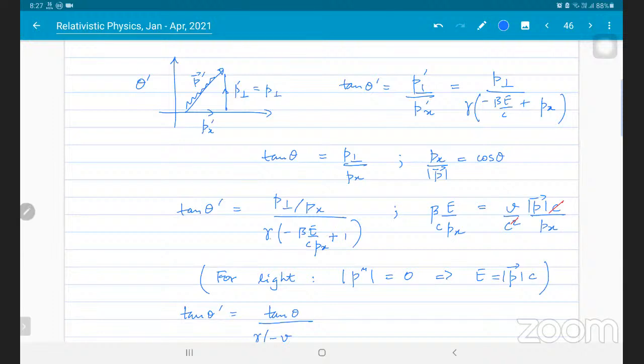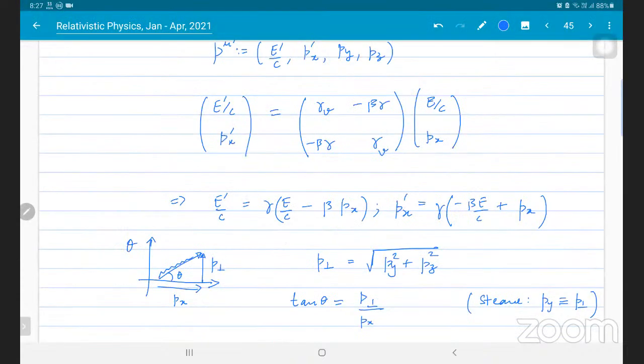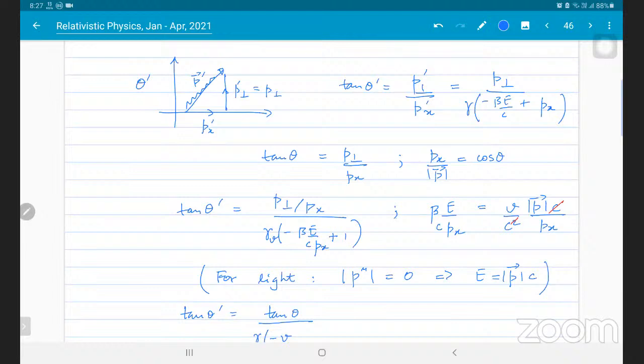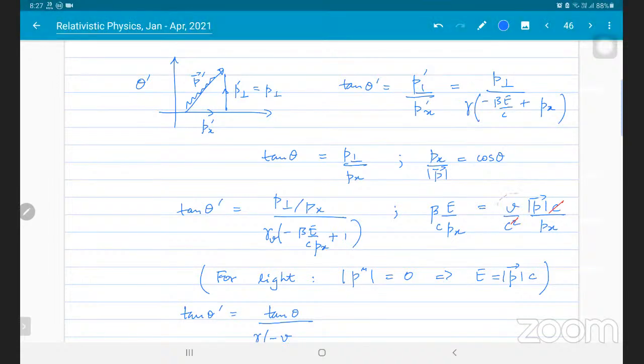This is gamma V. But what is this E? E is the energy of the photon. And which photon is it? It's this guy. So if I write down this expression here, this is not V. It cannot be V, right?